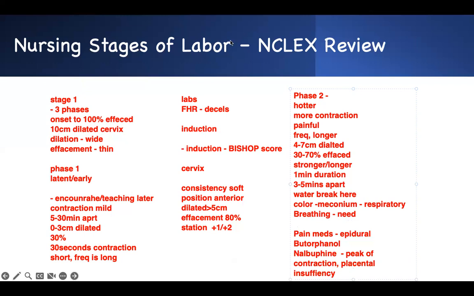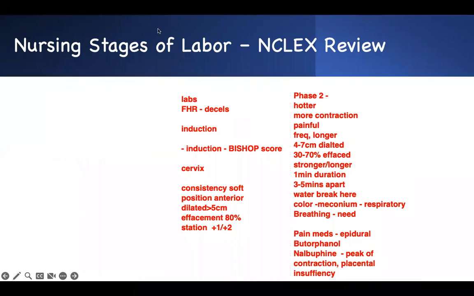And then phase 3. I call it phase 3, the same as transition. We transition to stage 2. So phase 3 of stage 1 is the point where we transition to stage 2. Basically now contractions are very, very strong and a little bit longer.